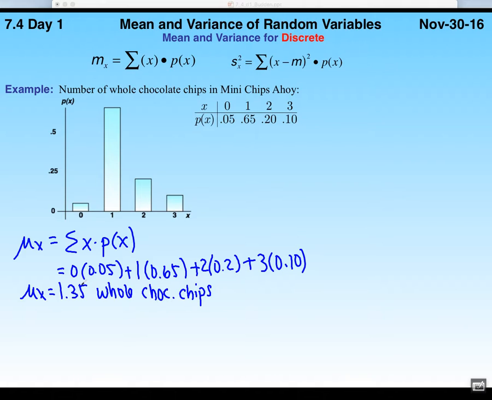Then I want to know the standard deviation. So we're going to use the other formula. The formula is for variance, so we're going to have to get our answer and then take the square root. So you're going to write your formula first. So here's what this formula means. Take each x value, subtract the mean, square it, and then multiply by the probability. So I have 0 minus my mean of 1.35. I'm going to square it and then multiply by the probability. And keep going.